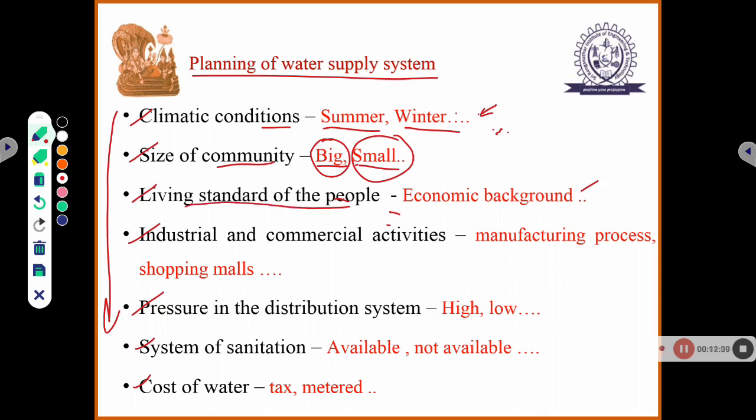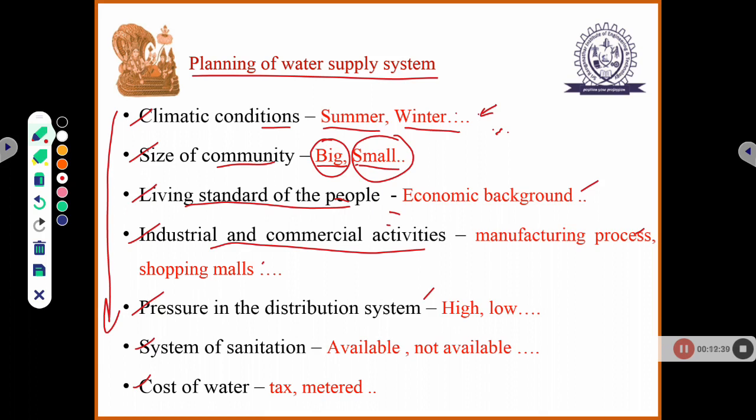Then industrial and commercial activities. For manufacturing processes, shopping malls, shopping complexes, and so on, the water required varies. Now pressure in the distribution system. If we distribute the water at very high pressure, people consume more water, and if any damage occurs in the pipe, the loss of water is also more.